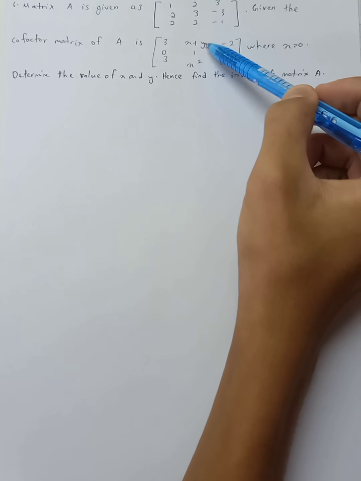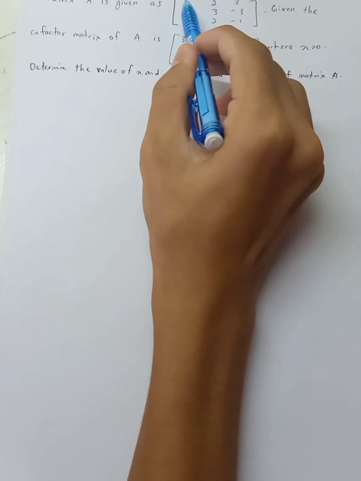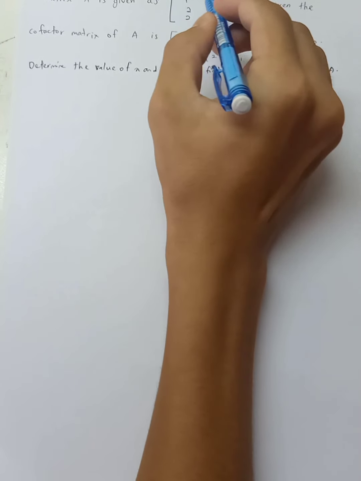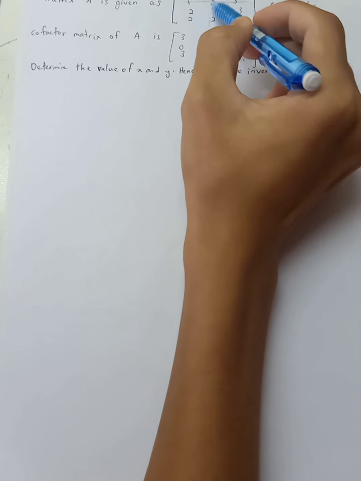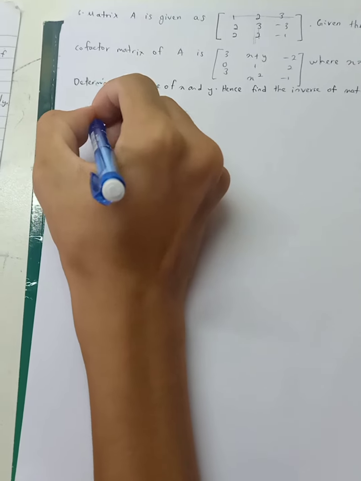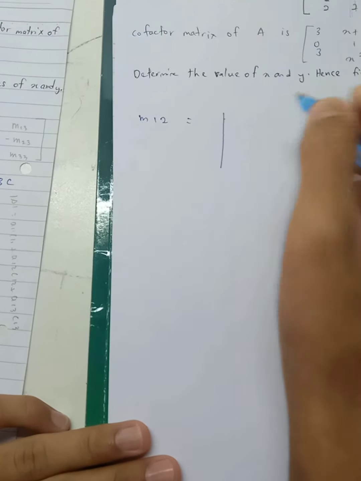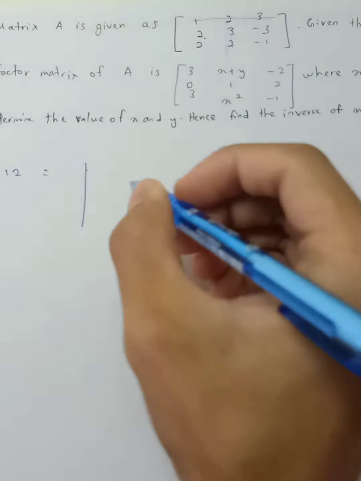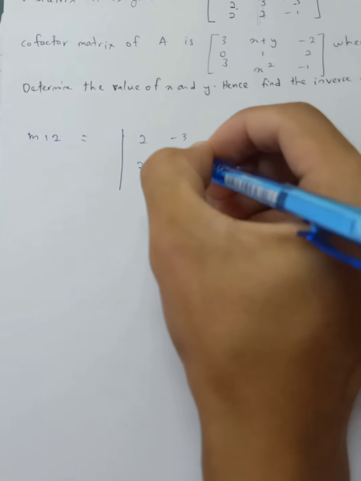In the cofactor, it is located at M12, in the first row and second column. So the matrix M12 equals 2, negative 3, 2, negative 1.